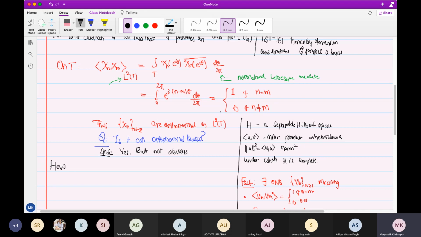So it's not obvious, unlike in the finite group setting. So how to approach this question?